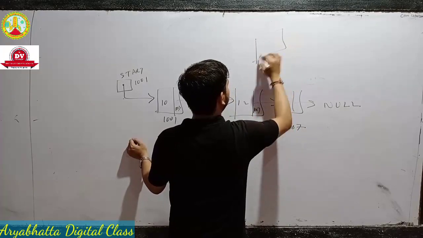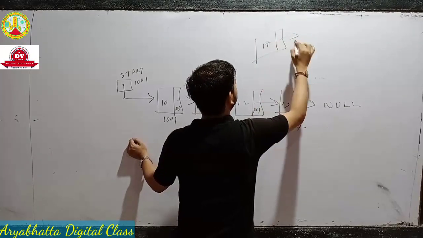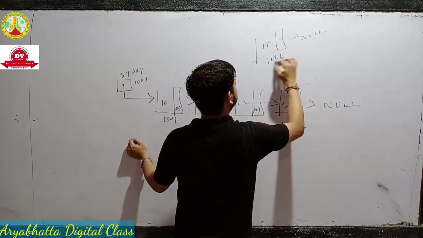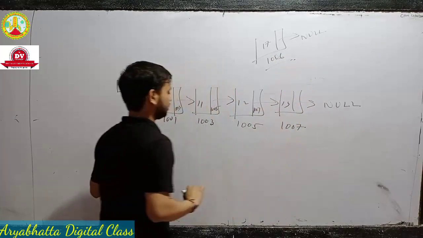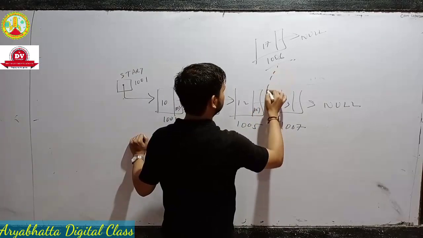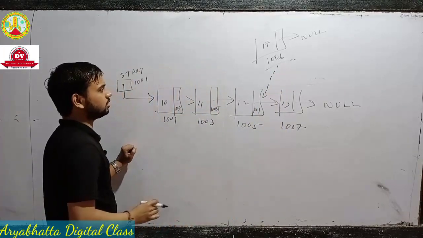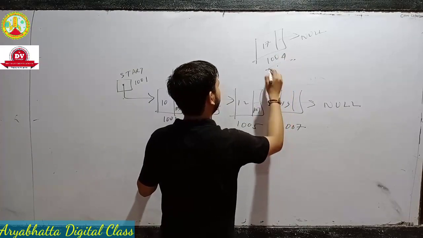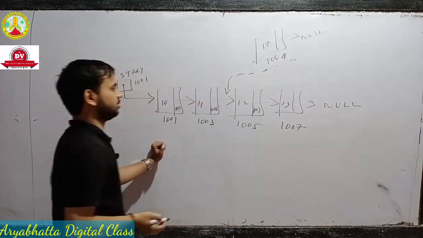We define a node, 17, we create a node, at address 1006. And we insert this node in the middle part, suppose at 1004. We have inserted this node in the middle part.